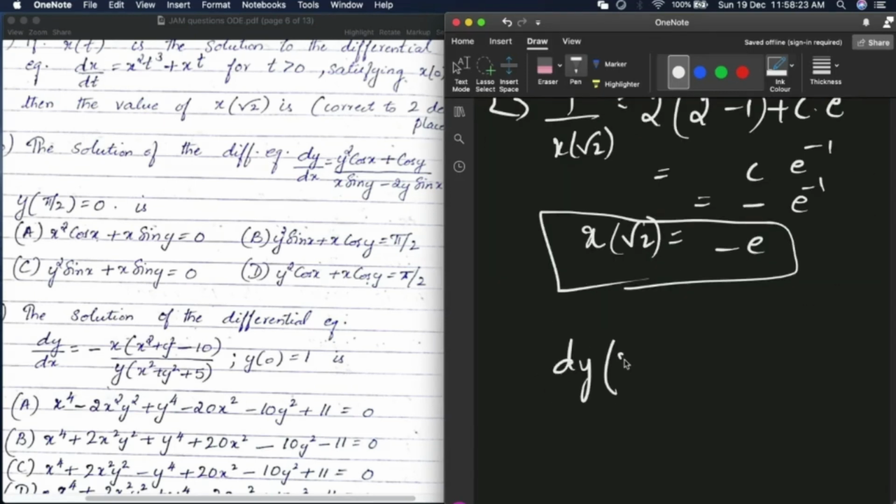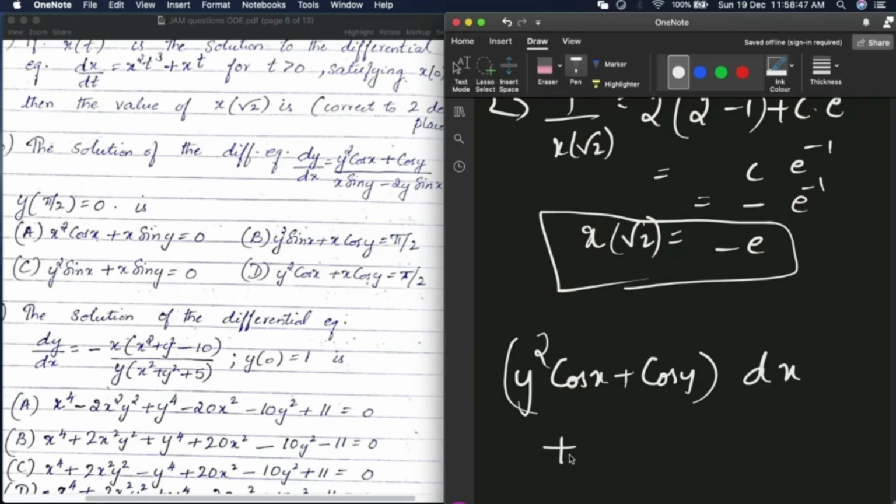Dy into x sin y minus 2y sin x. Or else I can write this the other way so that I don't have a minus and I don't make mistakes. So I have y square cos x plus cos y into dx plus 2y sin x minus x sin y into dy is equal to 0.